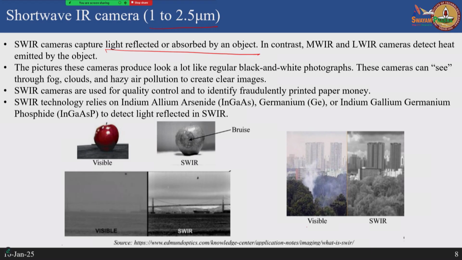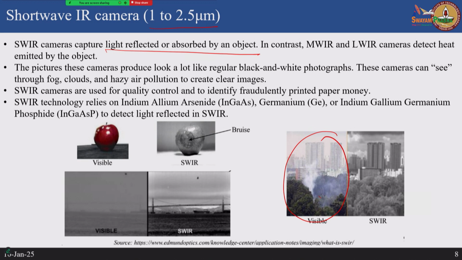And again you can see this picture with a visible camera: the environment is smoky and you are not able to see the background very clearly, and once you install a short-wave IR camera, it penetrates the smoke and you can see the objects, the buildings and so on quite clearly.